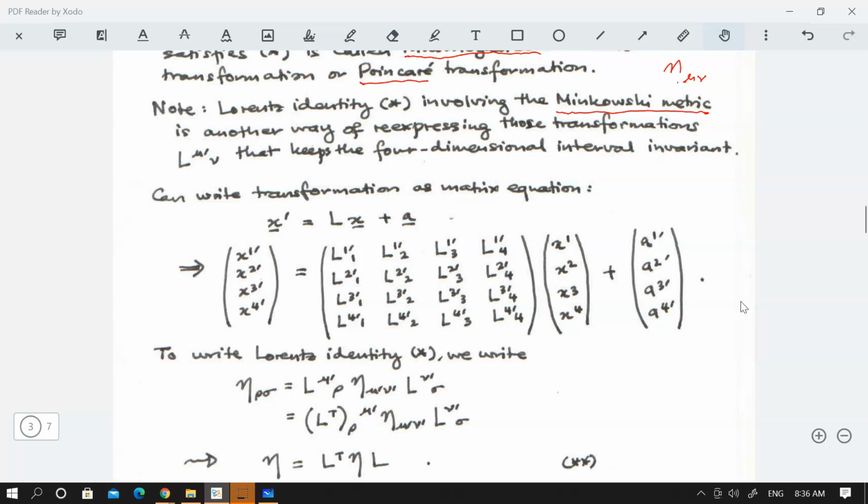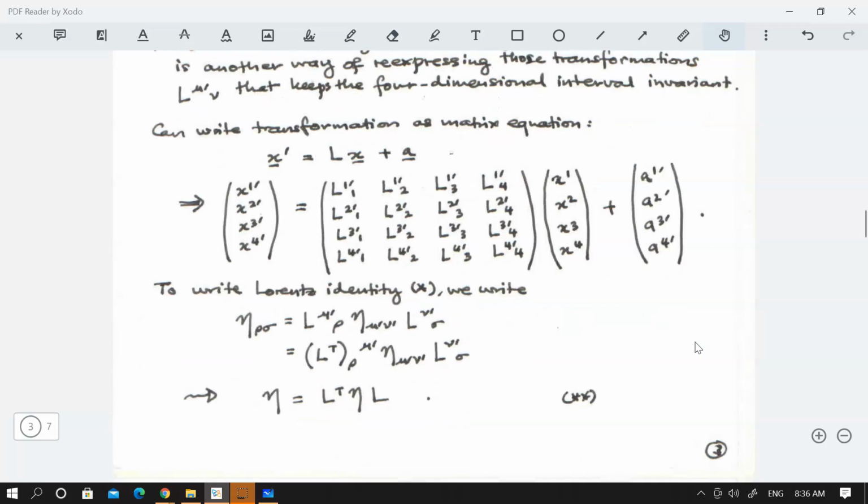Remember this x dash involves 4 coordinates, so the matrix that multiplies these 4 coordinates will have to be a 4 by 4 matrix. So you get a 4 by 4 matrix times a 4 by 1 matrix added with another 4 by 1 matrix. Essentially it's just your matrix equation in general.